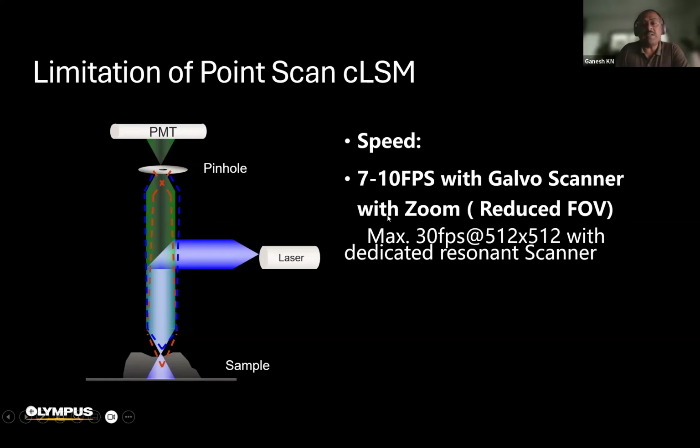So the introduction of the resonant scanner helped us get faster imaging, but the signal to noise ratio was compromised, mainly because the pixel dwell time, or the exposure time of the laser, is reduced to nanoseconds. And the sensitivity of the PMT that we are currently using is somewhere between 30 to 50%. That means for every 100 photons coming from the specimen, it could convert only 30 to 50 of the photons into an image.